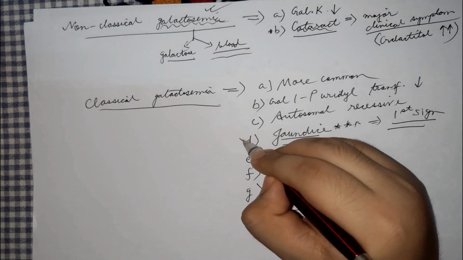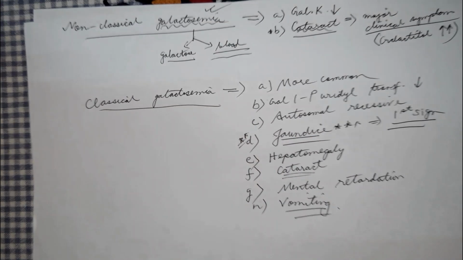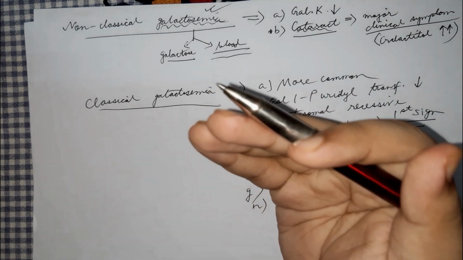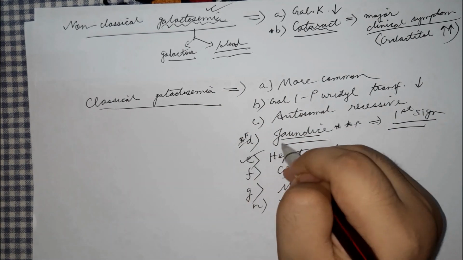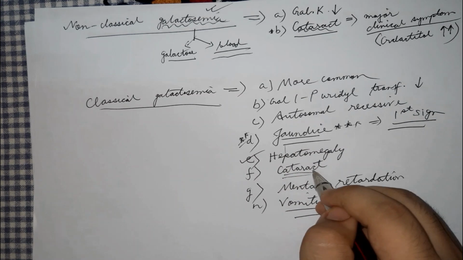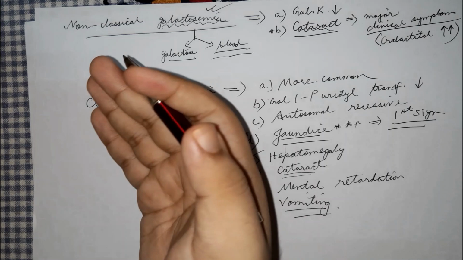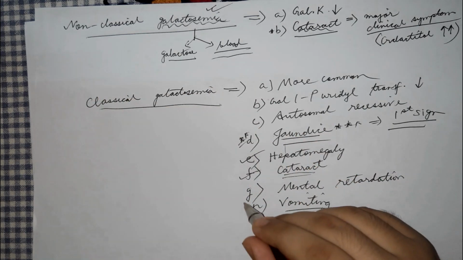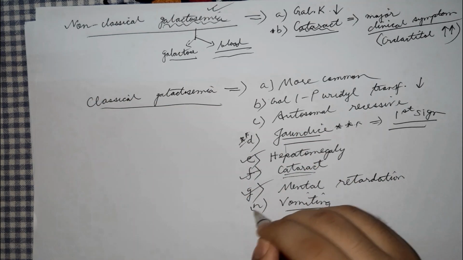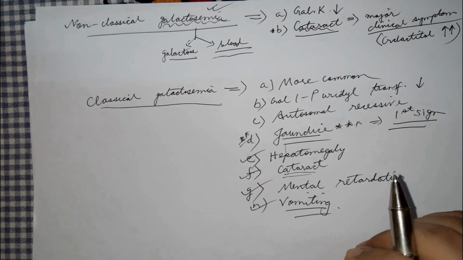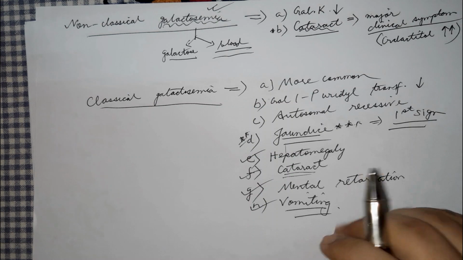But the most important is obviously jaundice, because that's the first sign. And if there is jaundice, you can link it to liver anomalies. So hepatomegaly is linked to this, and cataract, since you're talking about galactosemia here, just like non-classical galactosemia, may also occur. Mental retardation obviously occurs, and vomiting is another physical symptom which classical galactosemia presents with.